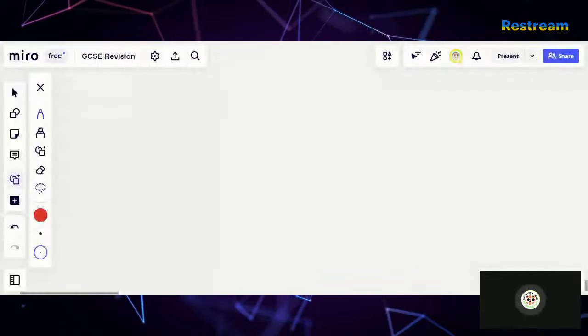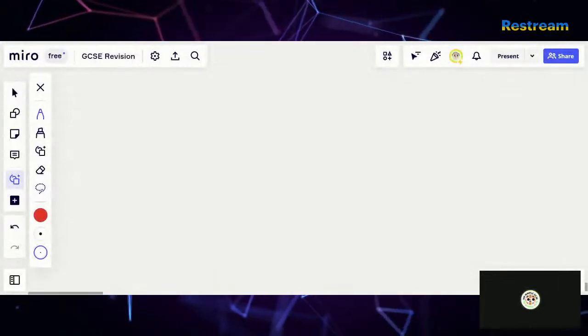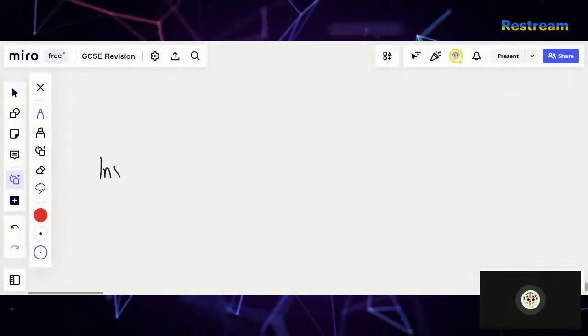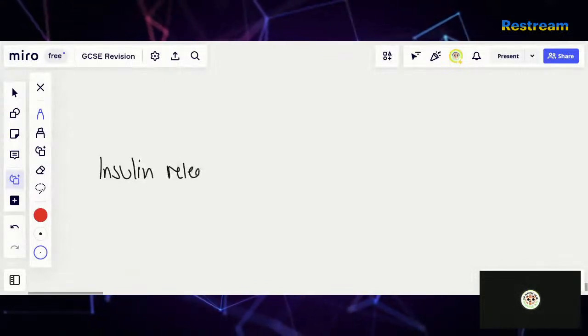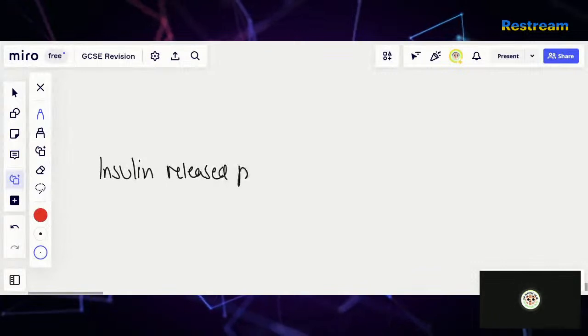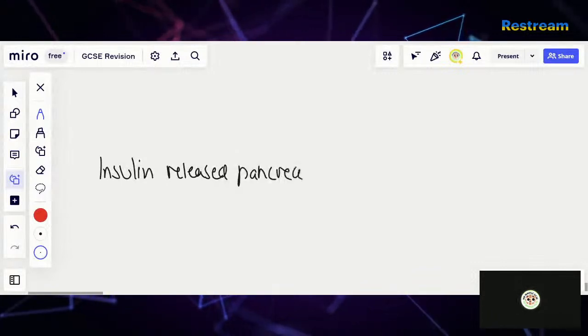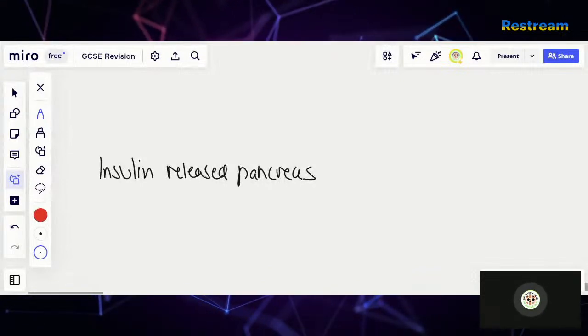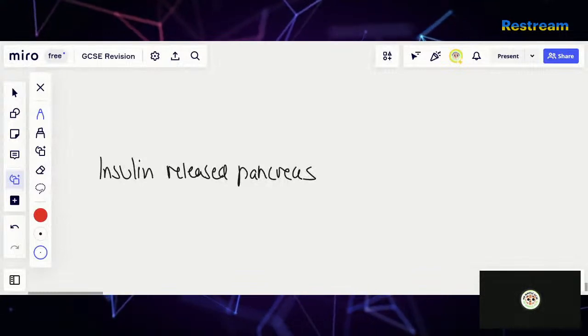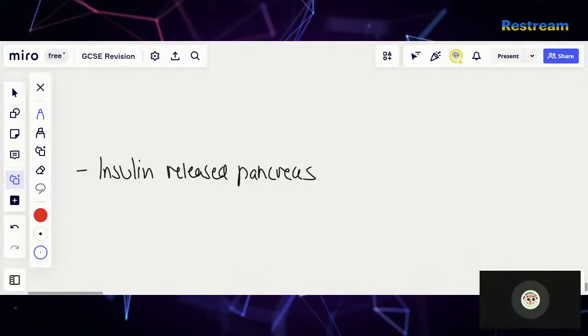So when we have a high glucose meal, what happens is the insulin is then released from the pancreas into the person's blood. And what insulin does is insulin has two effects.